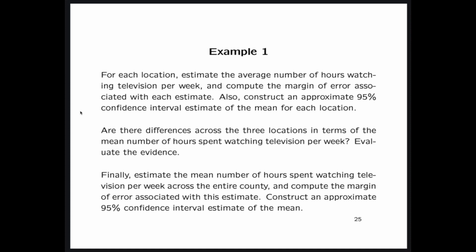The next question is, are there differences across the three locations in terms of the mean number of hours spent watching television per week? We want to evaluate the evidence that exists in the data. And then finally, estimate the mean number of hours spent watching television per week across the entire county and compute the margin of error associated with this estimate. Finally, construct an approximate 95% confidence interval estimate of that overall population mean.